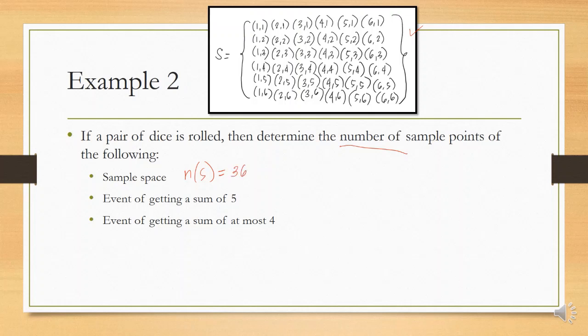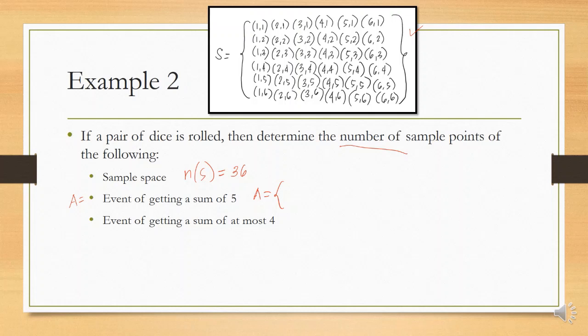For the event of getting a sum of 5, we denote this as event A. From the sample space again, we base our answers. The n of A consists of the following. What are the numbers that have a sum of 5?